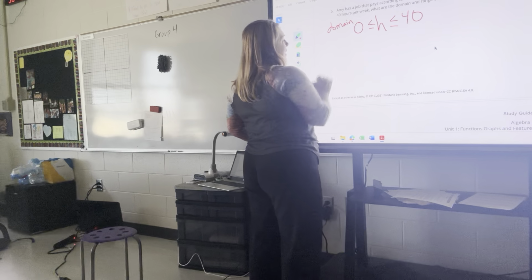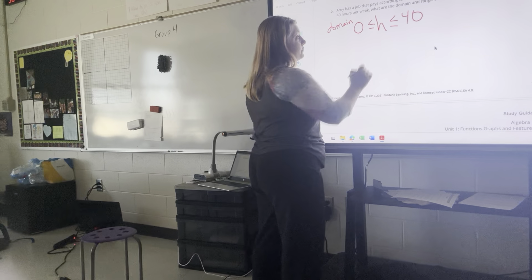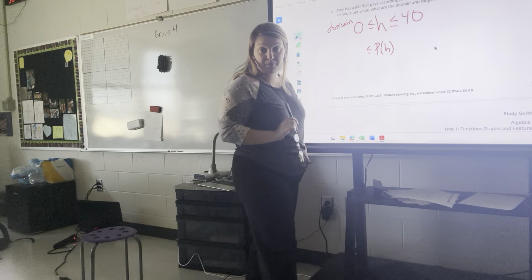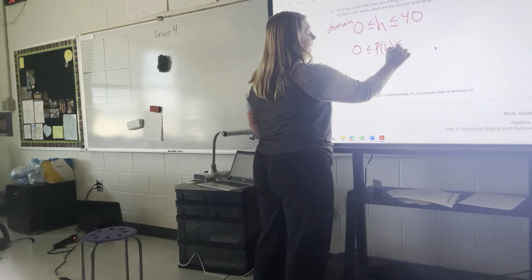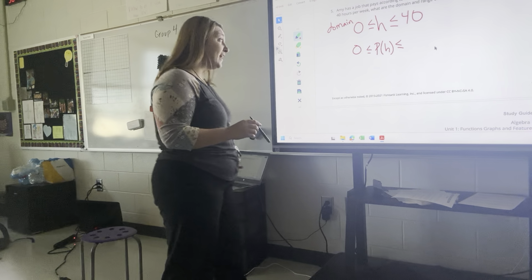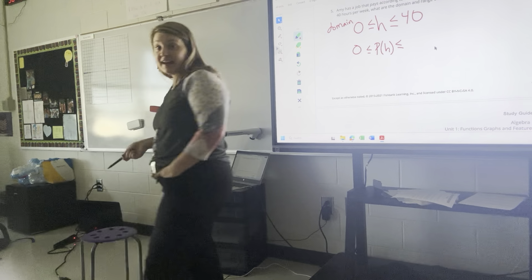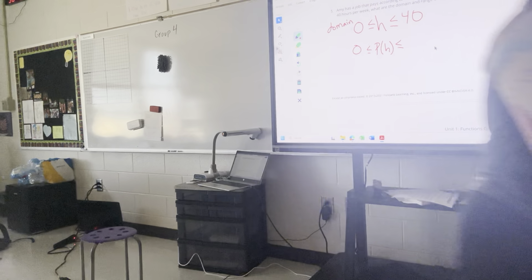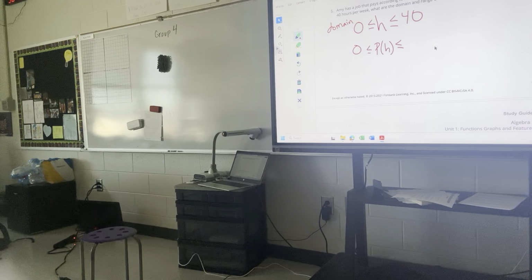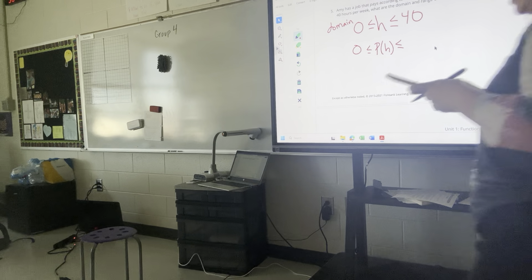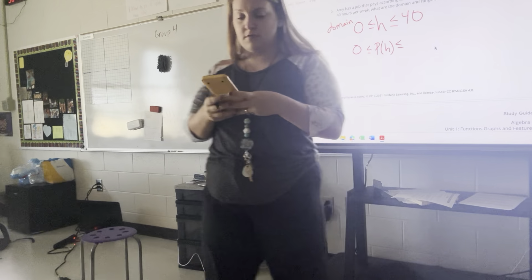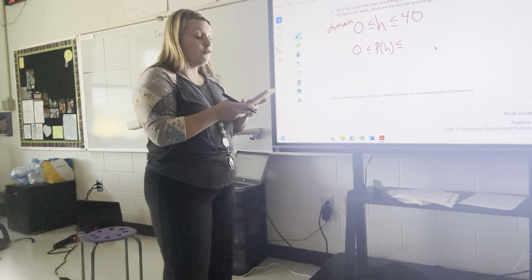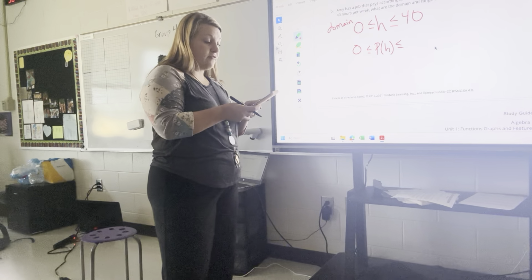Well, now let's talk about pay. So if Amy works 0 hours, how much is she going to get paid? $0, okay? But if she works 40 hours, how much is she going to get paid? So we're going to take 40 times 9.5. So I'm going to grab a calculator so we can do it. 40 times 9.5 would be the max.